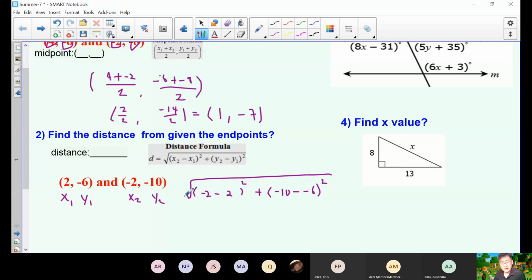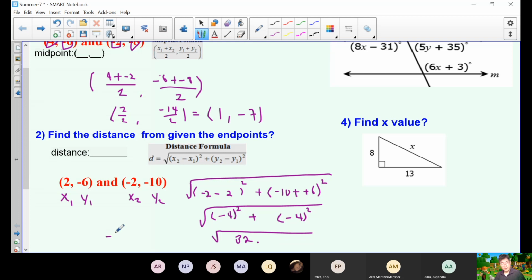All right, apply the radical sign. This is what? Negative 4 squared. Negative becomes positive, right? So negative 10 plus 6, negative 4 squared. So eventually 16 plus 16, right? 32.